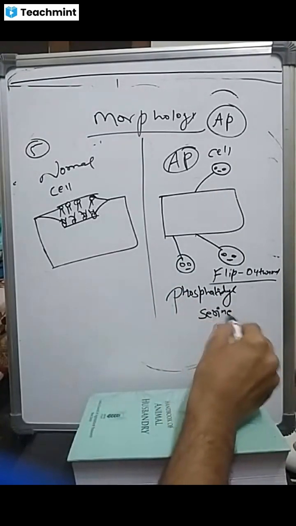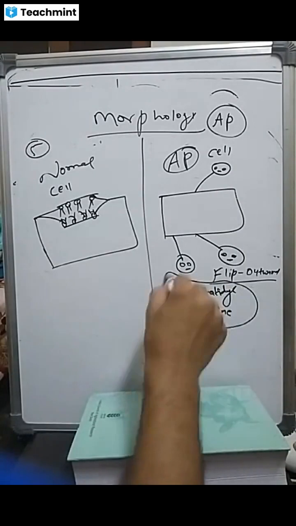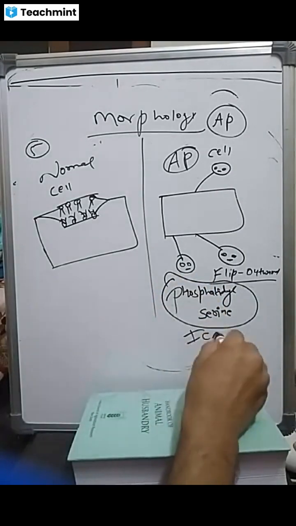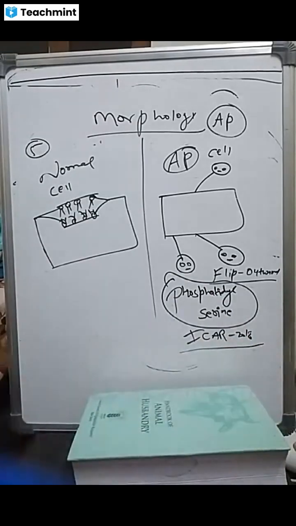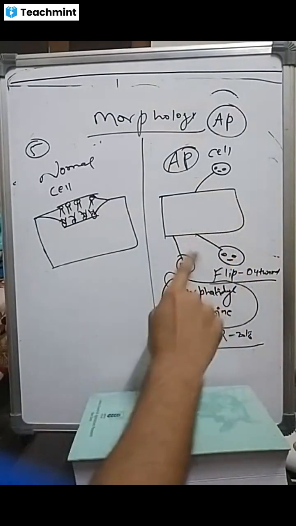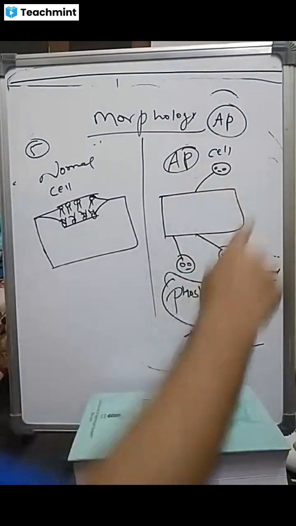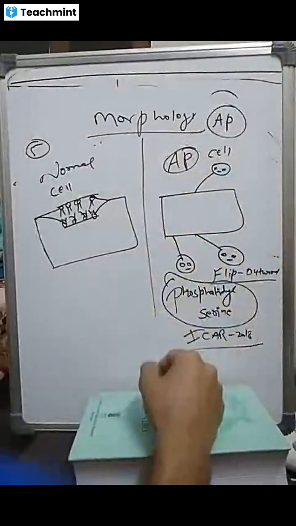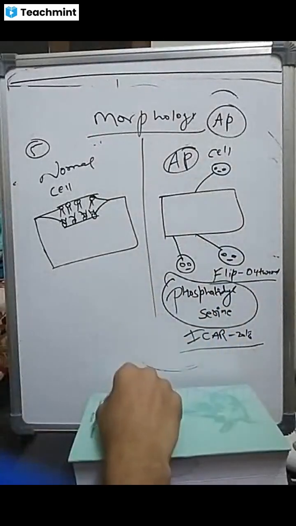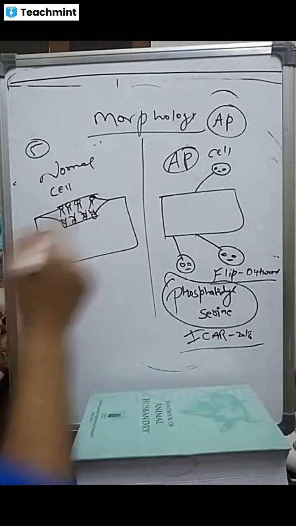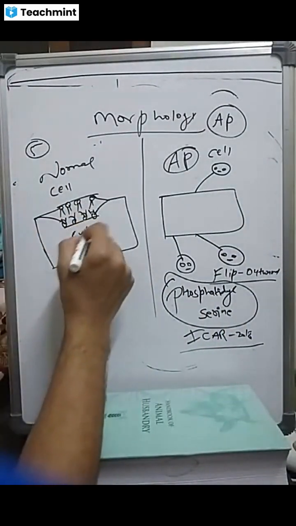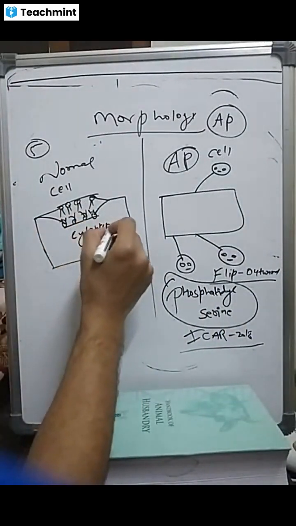This was asked in ICAR 2018. Which molecule is exposed on the surface of apoptotic cell? Phosphatidylserine. In case of a normal cell, these are facing toward the cytoplasm.